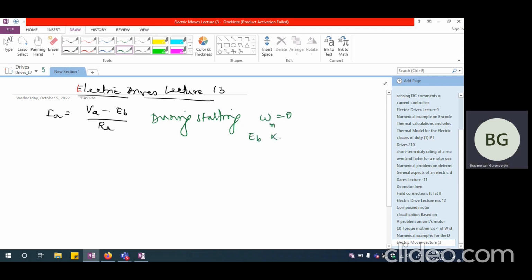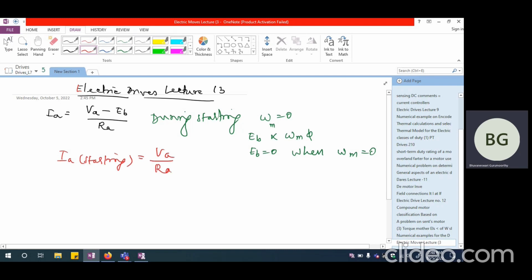EB is proportional to omega m as well as the flux. So even if we keep full excitation, the back EMF is going to be 0 when speed is 0. Because the back EMF is 0, IA during starting is going to be equal to VA divided by RA.